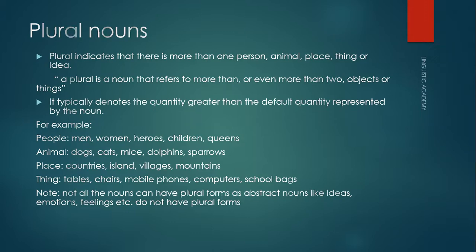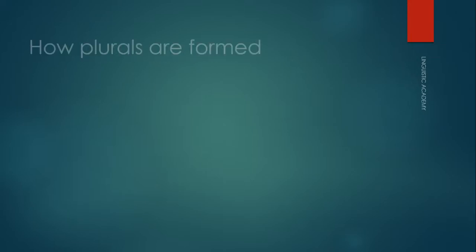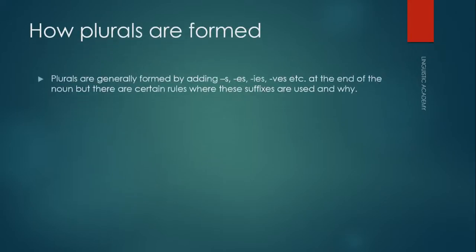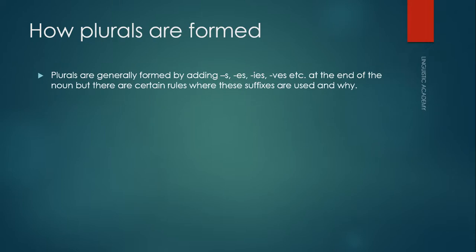Now let's discuss how plurals are formed. Plurals are generally formed by adding s, es, ies, or ves at the end of the singular noun. But there are certain rules that are meant to be followed about how these suffixes are used and why.